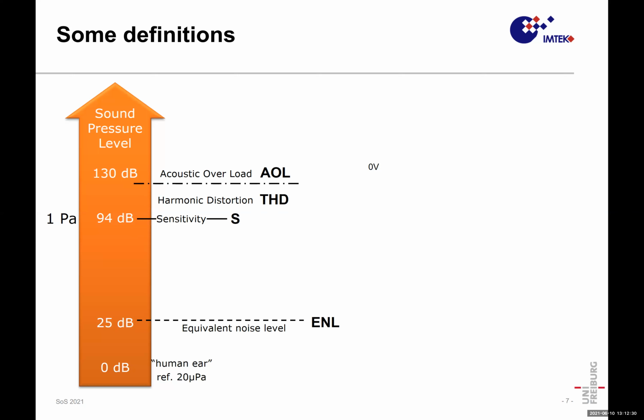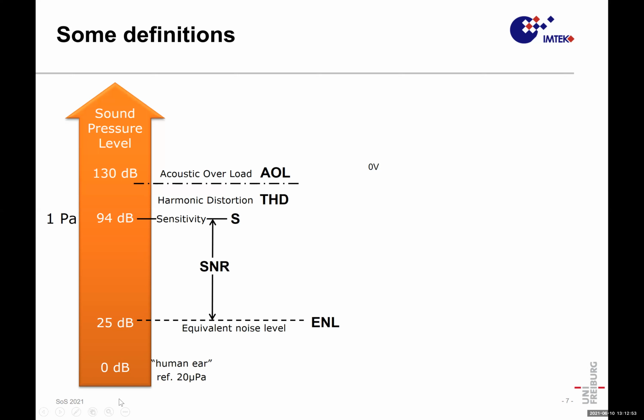Typically, it is rated for 10% total harmonic distortion. And at this level, we define the acoustic overload point. So this is then the maximum sound pressure level that the microphone might transfer without too high distortion. We will see later what it means.